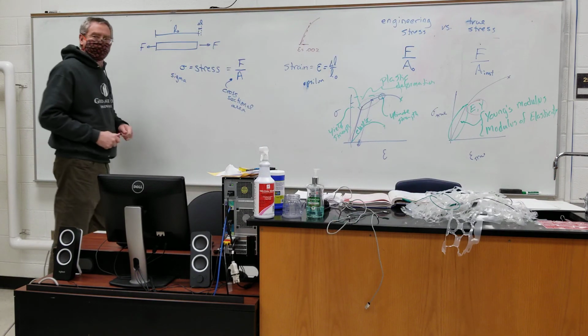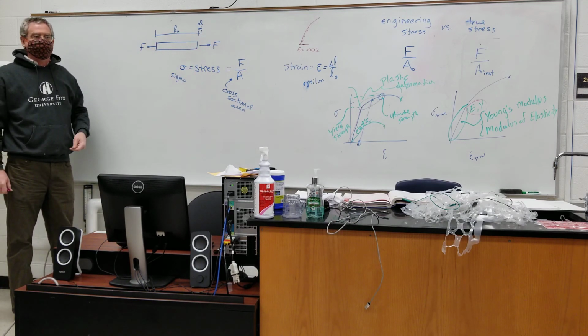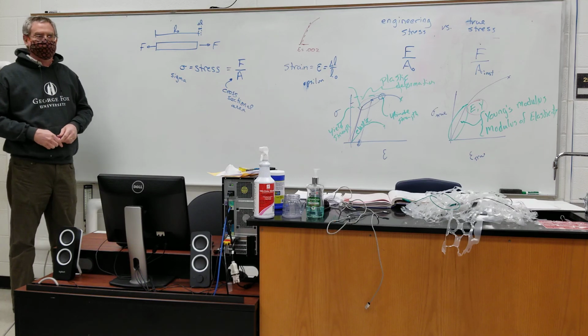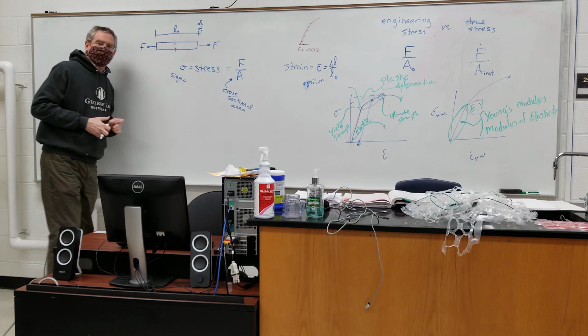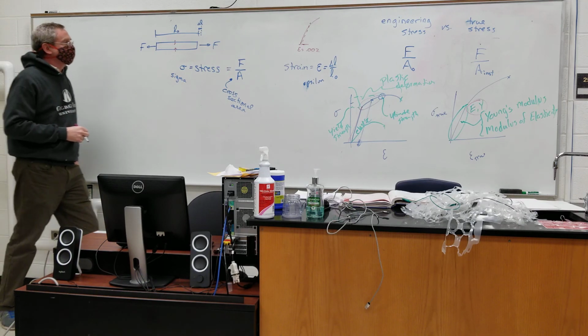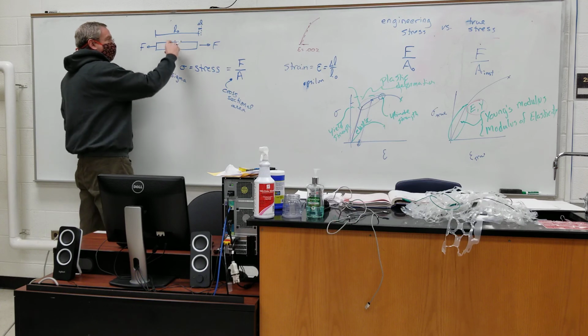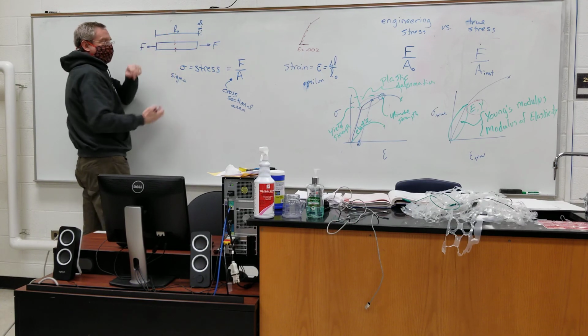Even within the elastic region, if I pull it this way, I have a certain number of atoms here. I can't suddenly just create matter by pulling on it. These typically are going to go in. And so we have not only stretching this way, but we have shrinking going in this direction.